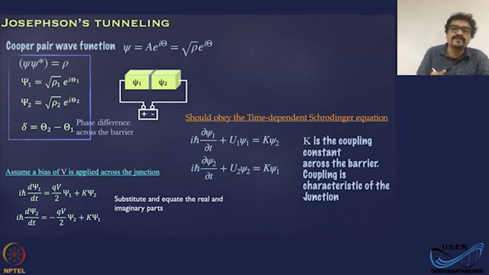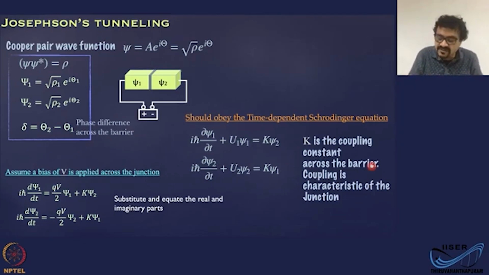Now, let's write down the Schrodinger equation for the system. Okay. This is a time dependent Schrodinger equation where i h bar d psi1 by dt equals U1 psi1, the potential term, plus K psi2, where K is the coupling constant. That is the coupling or the transmission, or how much these two wave functions psi1 and psi2 are overlapping between two sides.